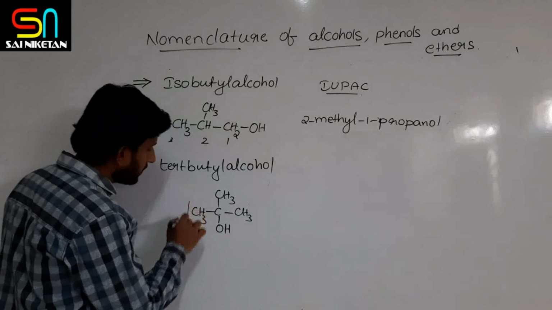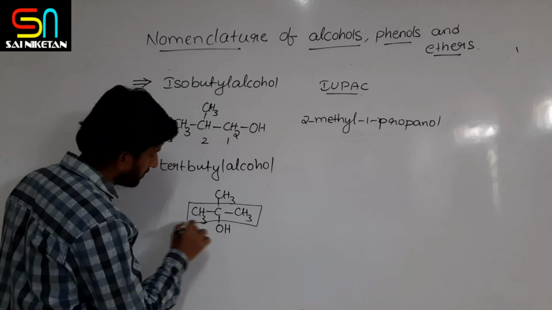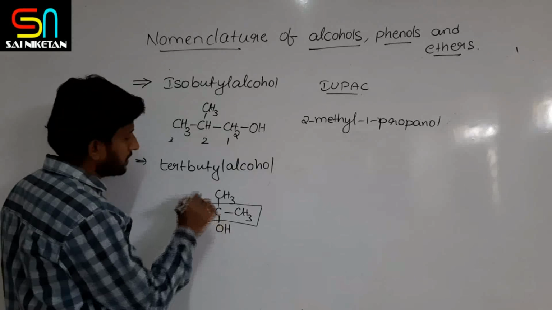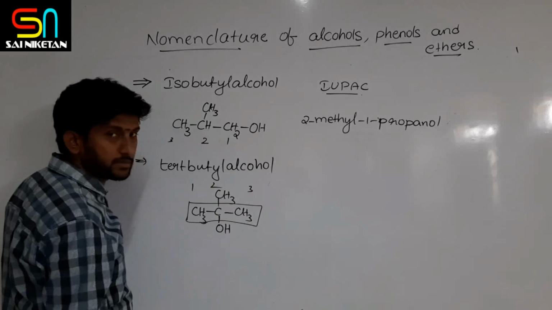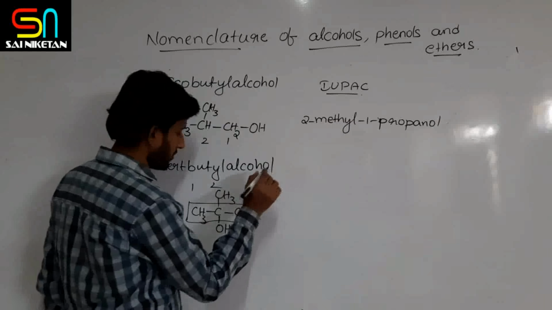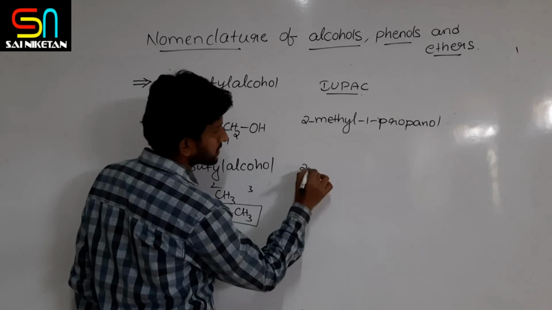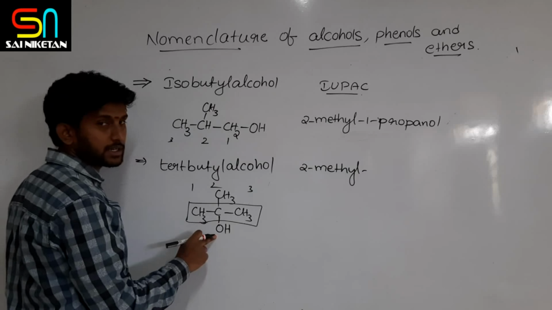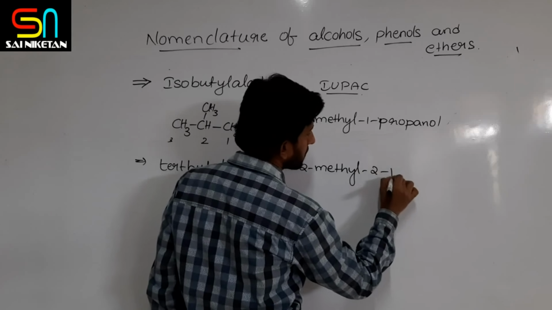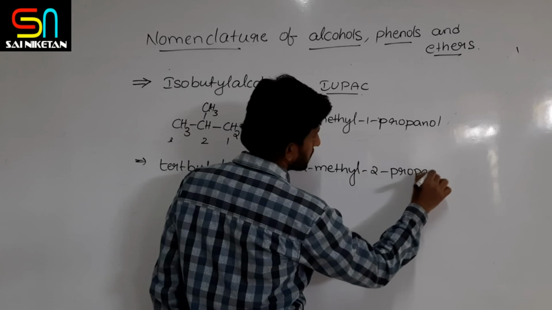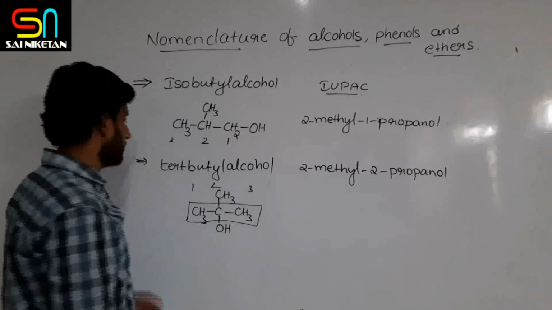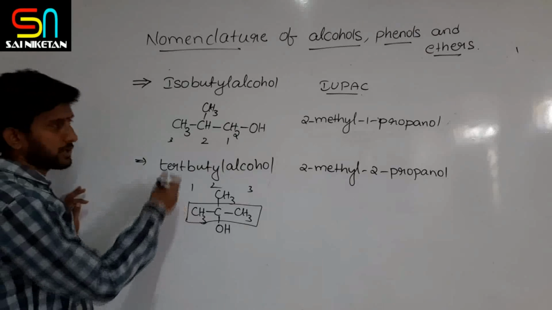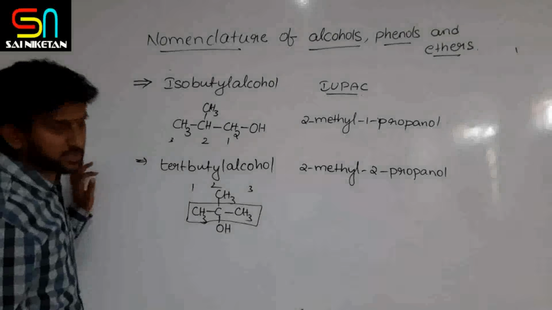If I take this one as parent chain, I can number from any side, either left to right or right to left. So 1, 2, 3. What will be the name of this compound now? Second position methyl is there, that means 2-methyl, and alcohol is also at second carbon. So 2-methyl-2-propanol. That is the molecule's IUPAC name. So like this, for isomers you can write the IUPAC names.